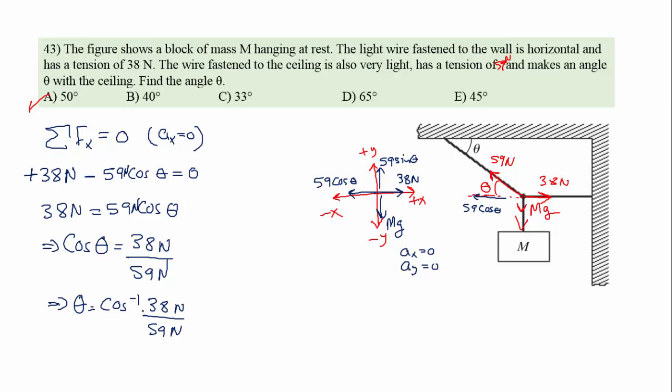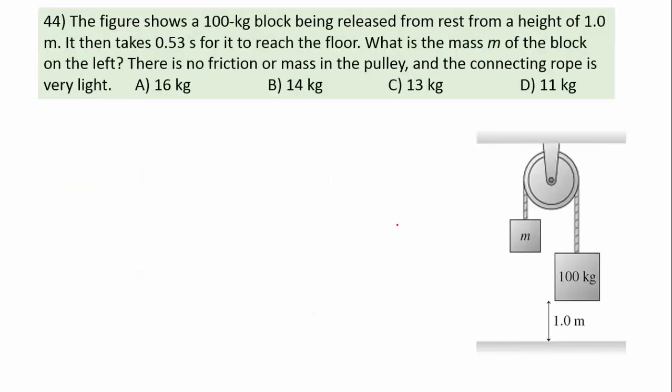Now if you carry out the calculation, make sure your calculator is set at degrees. You take cosine inverse of 38 over 59, and Newton will cancel out, of course, and this will give you 49.9 degrees, which is 50 degrees if you take it to two figures. So the answer is A.